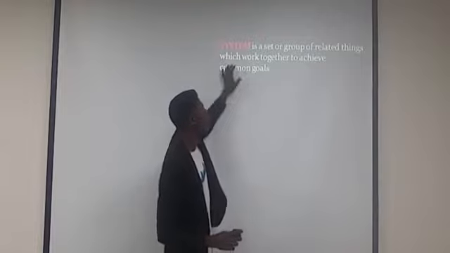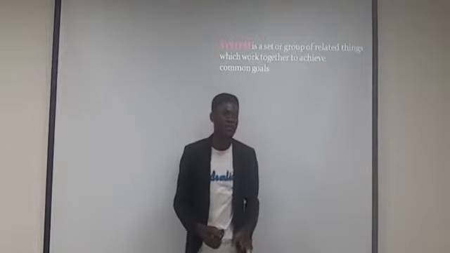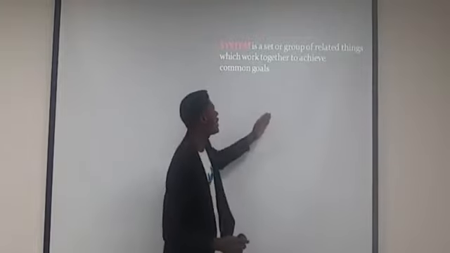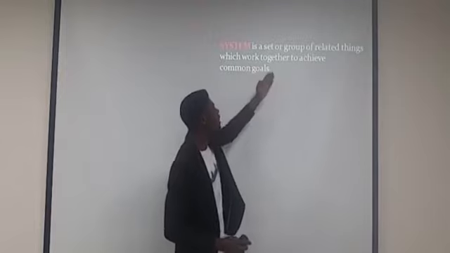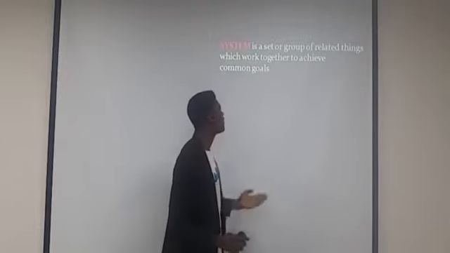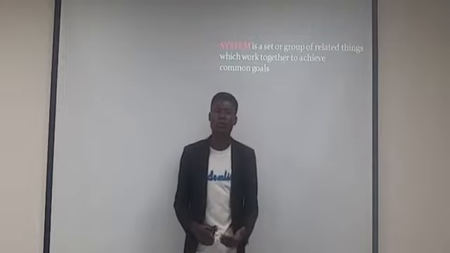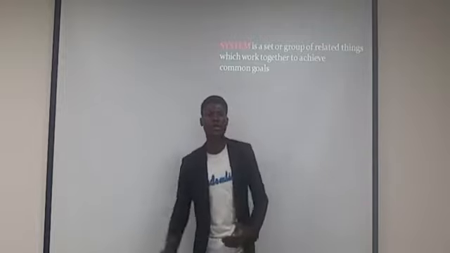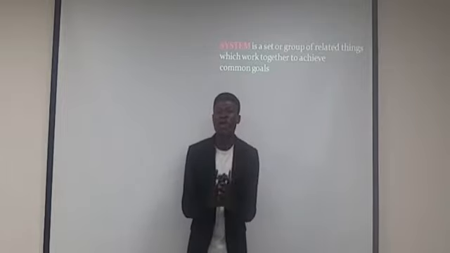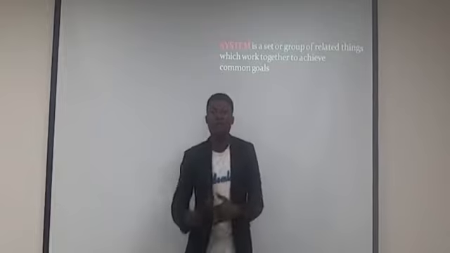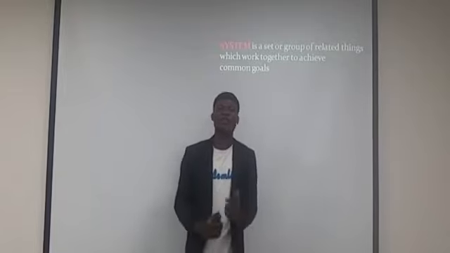Now we want to look at what system is. In our definition here we say that a system is a set or group of related things which work together to achieve common goal. Alright? That is to tell you that different parts of the thing join them together and then they perform whatsoever task you want them to perform.